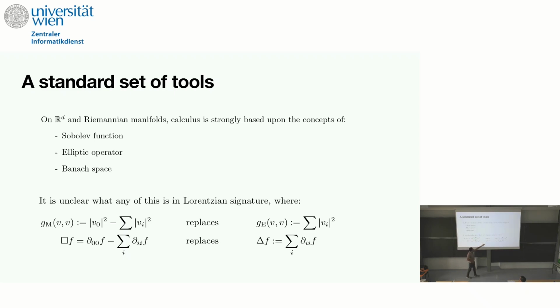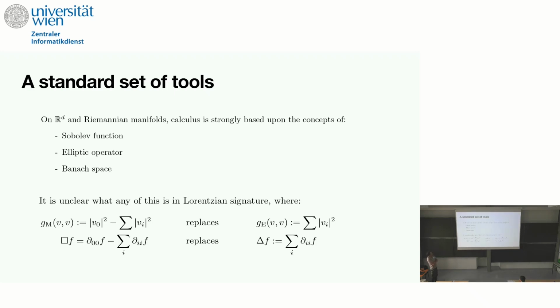Then the Laplacian is basically replaced by the d'Alembertian, and it's not clear anymore what this does. And this is certainly not elliptic. It's not clear what a Banach space, say, of vector fields is. On R^D, if we have a space of vector fields, we certainly know what the L1 or L^p norm is. This is totally unclear in this setting where this thing can be both positive and negative, among other things.